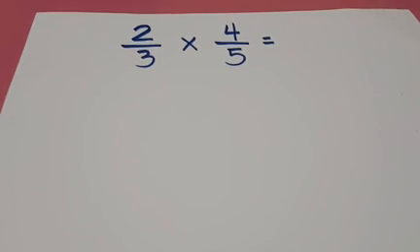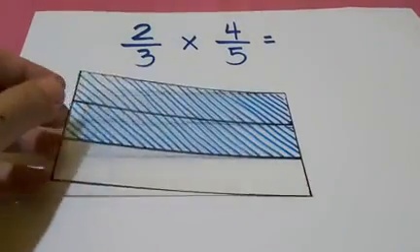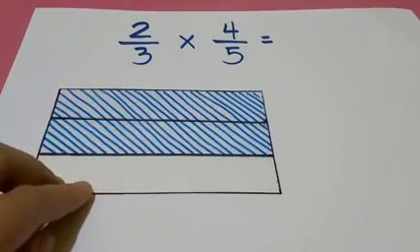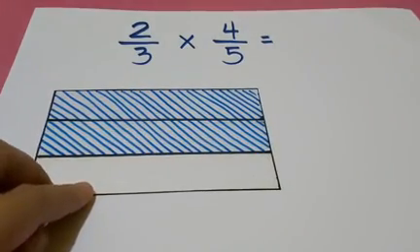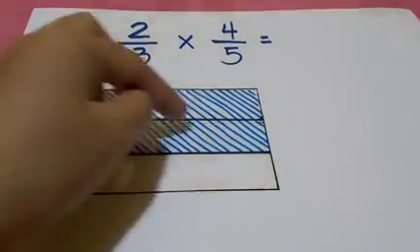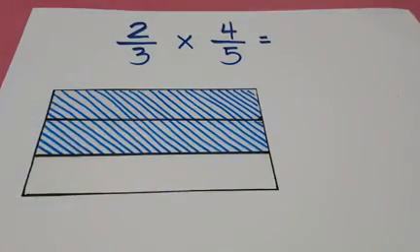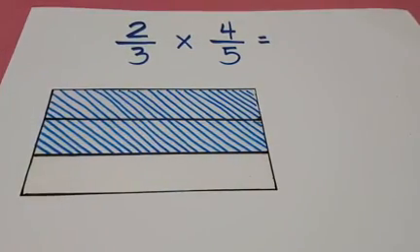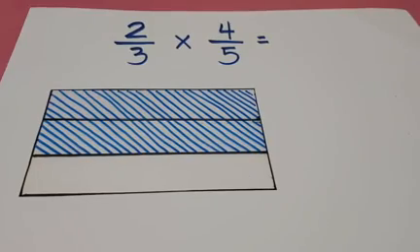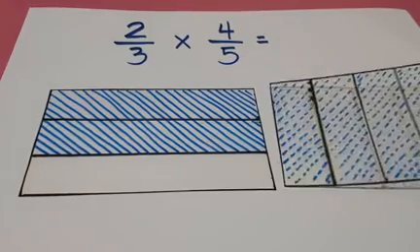So in answering this example, again we are going to use models. So for 2 over 3, we have this model. So yung model natin dito was divided horizontally. And then, for 4 over 5, our multiplier, this is the model.